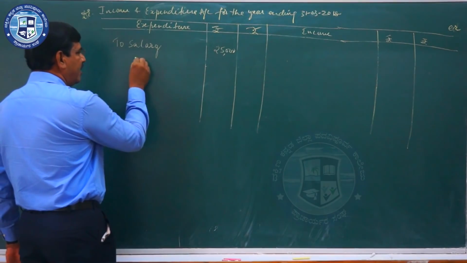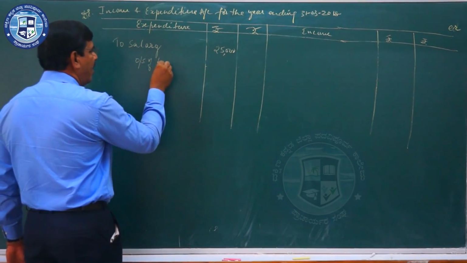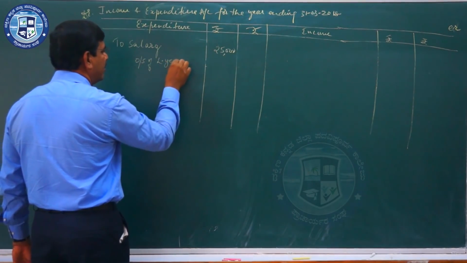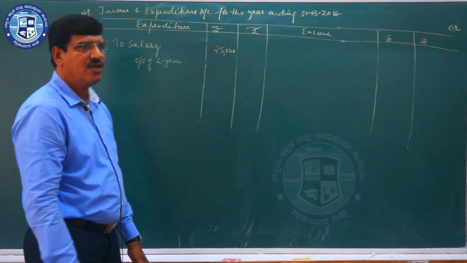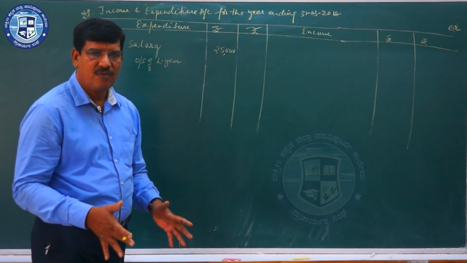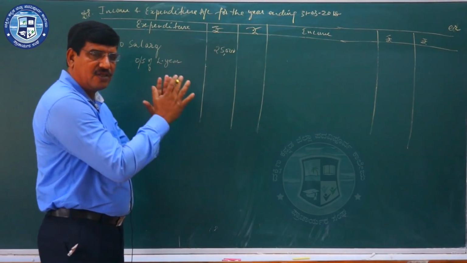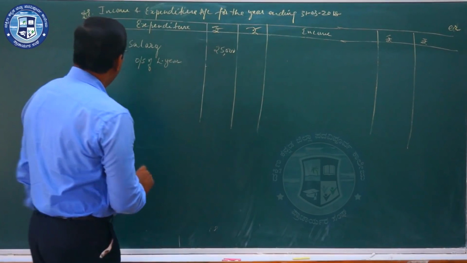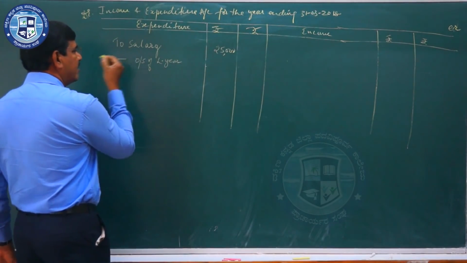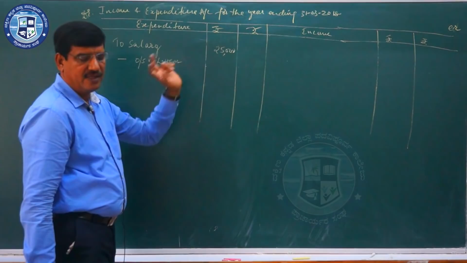So outstanding of last year, 2017, will not come to the income and expenditure account of current year because it does not belong to the current year.